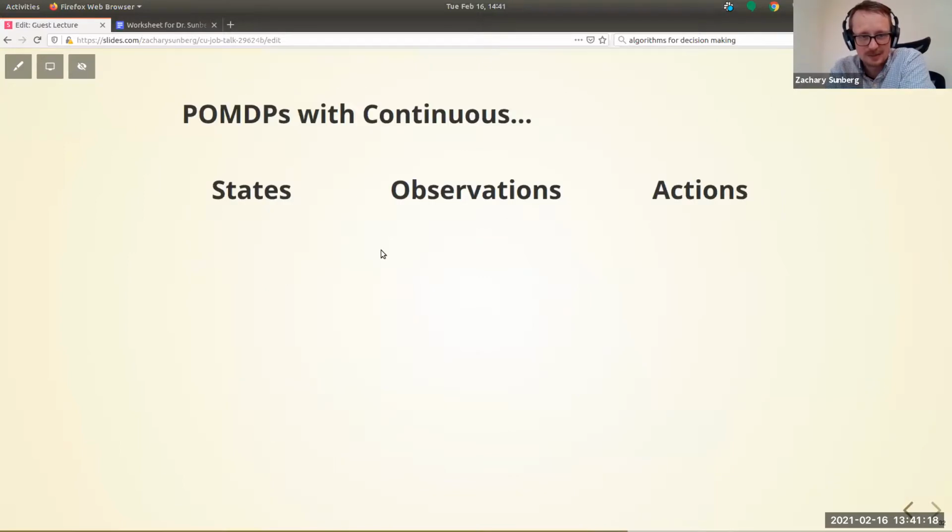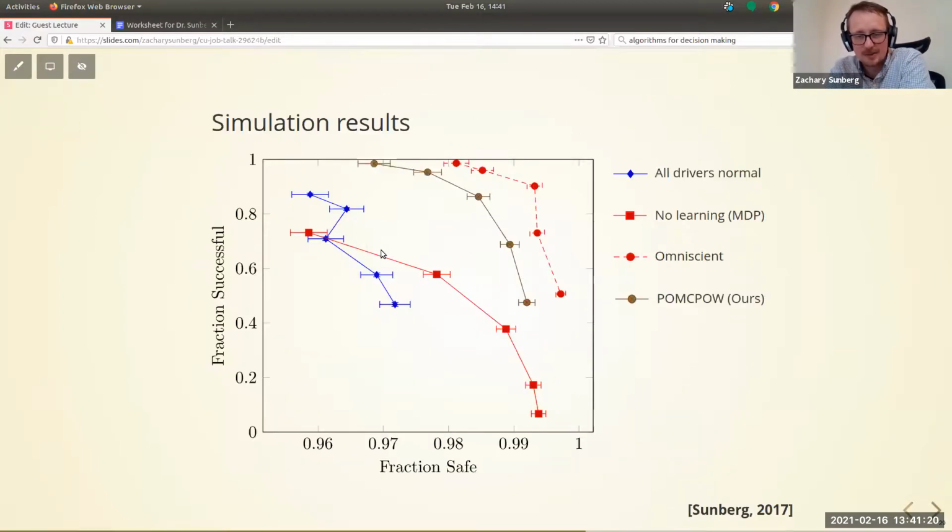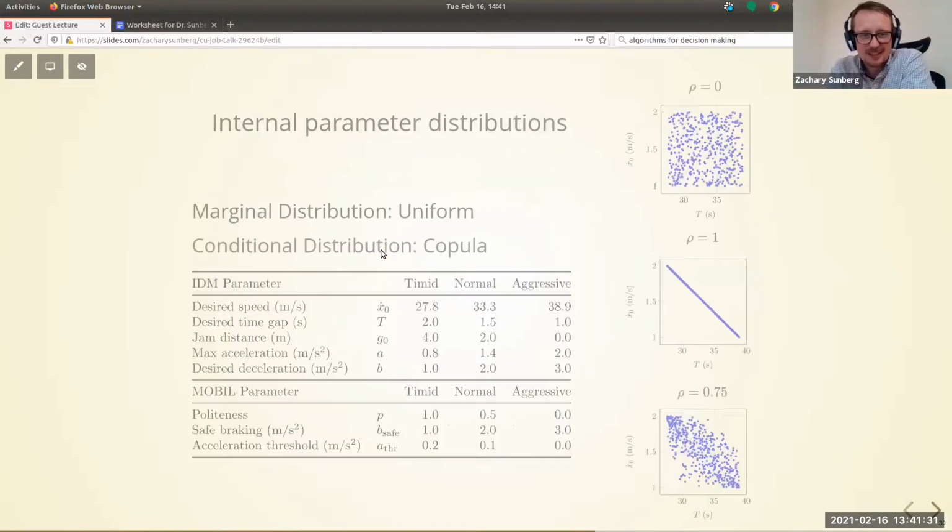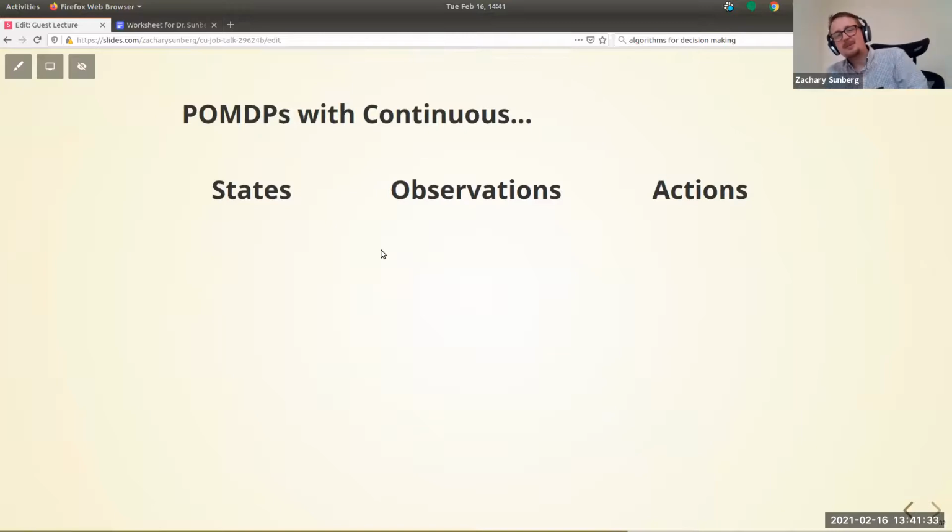So these, I'm going to skip over that. Any other questions about this result? Okay, cool. All right, so the problem is solving these things is really hard. So these might be POMDPs with continuous states, observations, and actions.